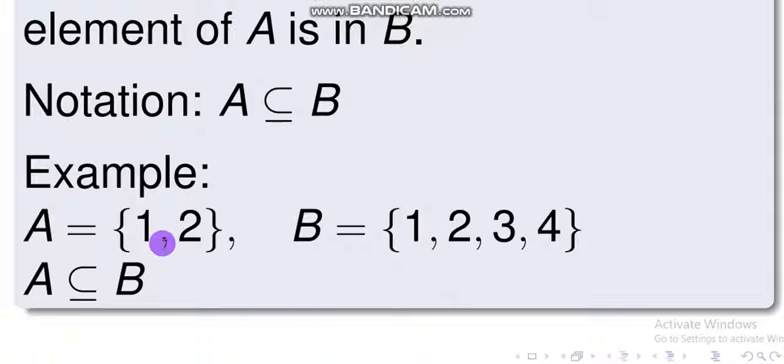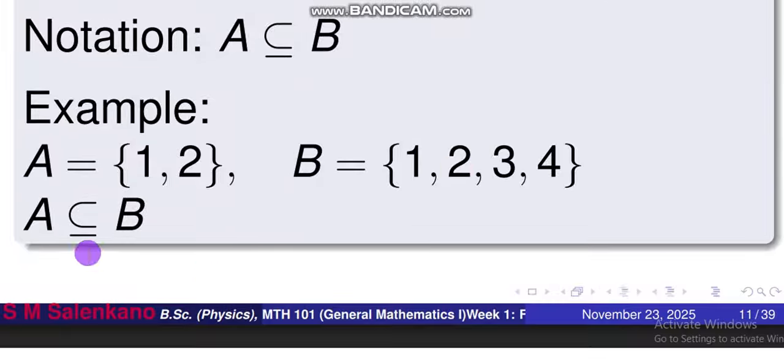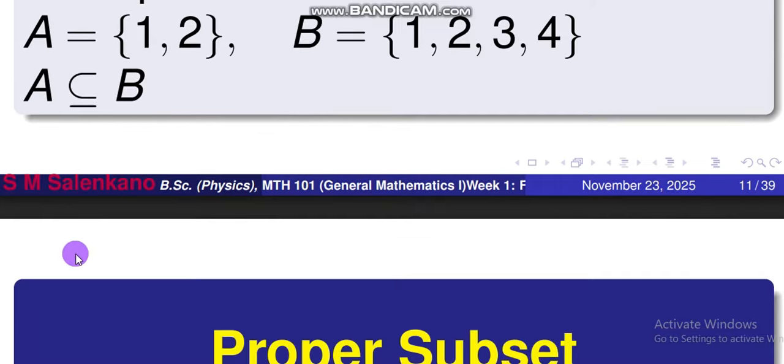You can see that all the elements of set A are obtained in B. 1, 2 are also found here. So we can conclude that set A is a subset of B.